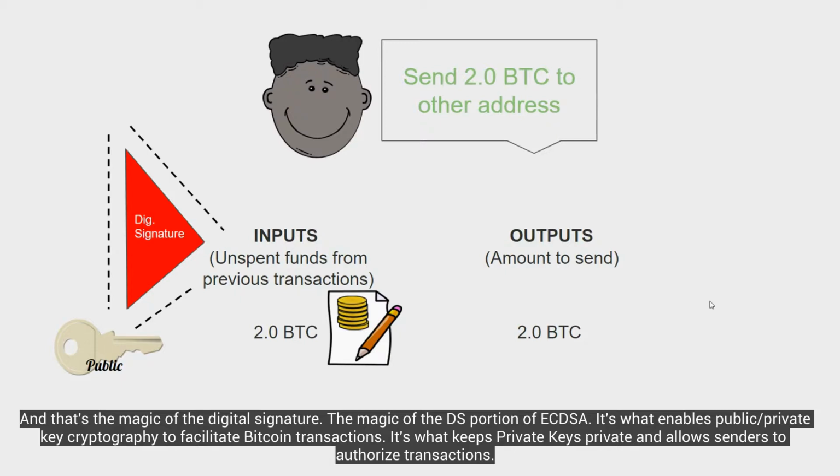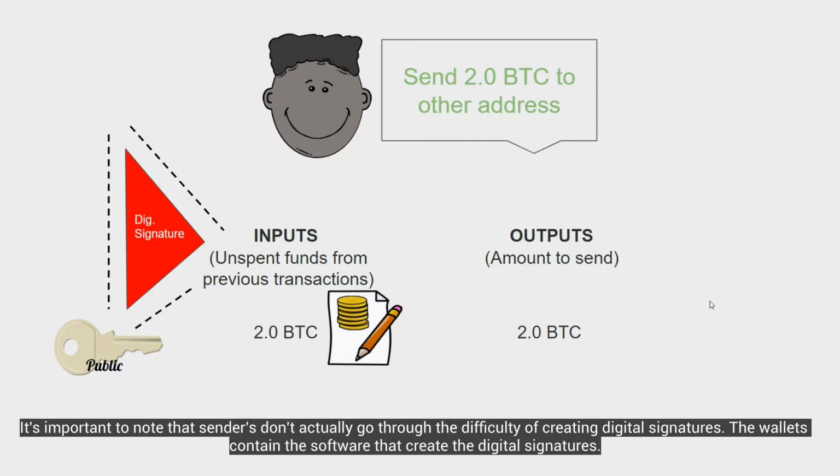It's what enables the private key, public key cryptography to facilitate the blockchain and facilitate Bitcoin transactions without senders ever having to reveal their private key. It is what keeps private keys private and allows senders to authorize transactions. And it's important to note that senders don't actually do a mechanism that creates the digital signature.